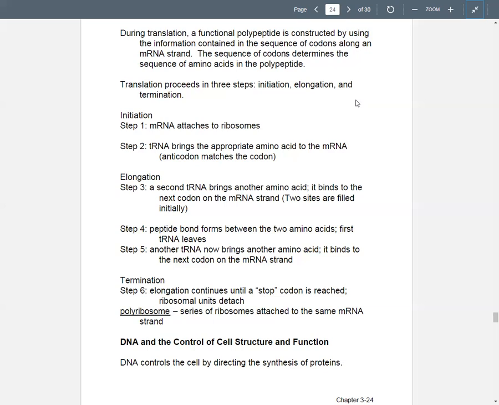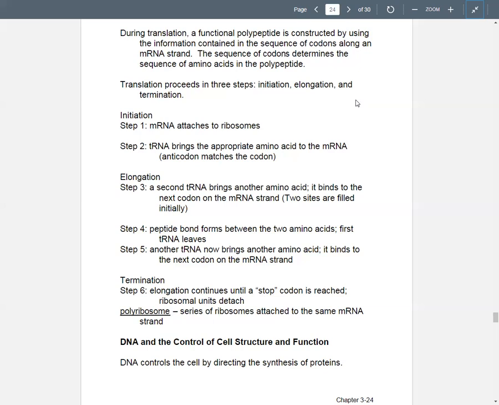Next phase is elongation. You have another transfer RNA. It's going to bring over another amino acid. All right, so it's red rover, bring another amino acid over. Okay, so you're going to have that anticodon bind to the next codon on the mRNA strand. Okay, so you have two binding sites filled.